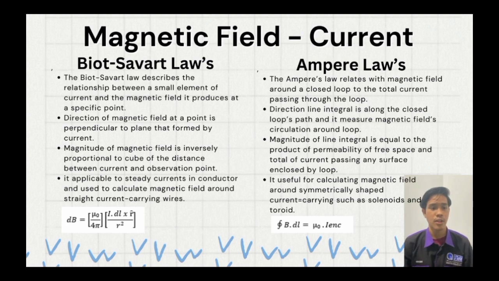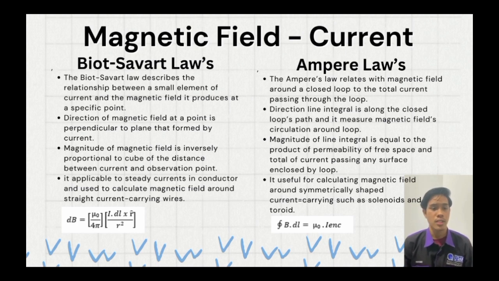Next is Ampere's law. Ampere's law relates the magnetic field around a closed loop to the total current passing through the loop. The direction of the line integral is along the closed loop path and measures the magnetic field circulation around the loop. The magnitude of the line integral is equal to the product of the permeability of free space and the total current passing through any surface enclosed by the loop. It is useful for calculating the magnetic field around symmetrical current-carrying shapes such as solenoids and toroids.